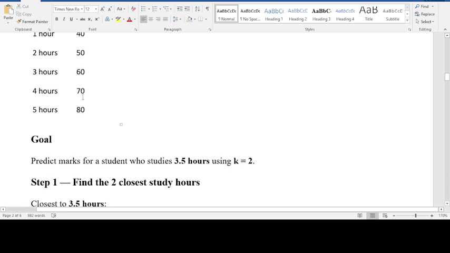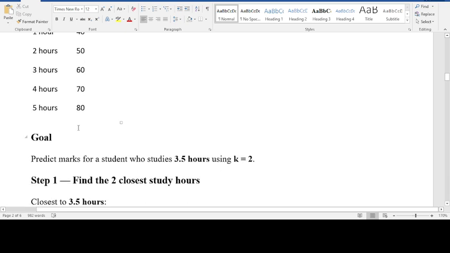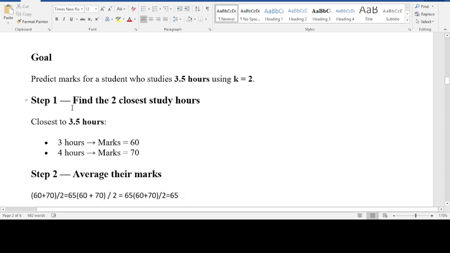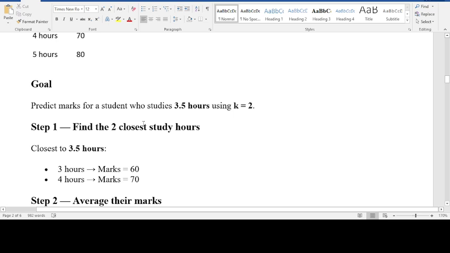Now I want to predict marks for a student who studies 3.5 hours using k equal to 2. It means I am finding the two closest values. That is called k. K is a constant actually. Step 1: find the two closest study hours. The study hours value is 3.5.